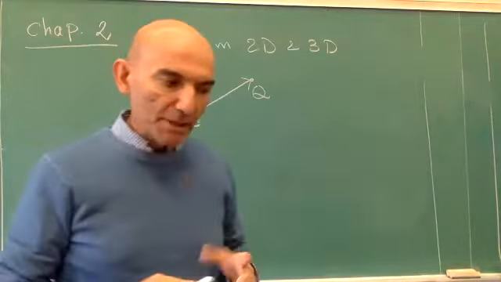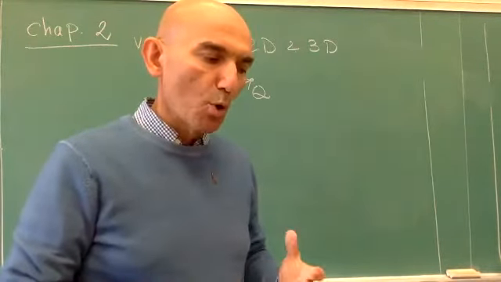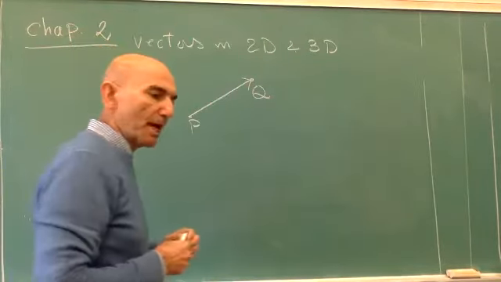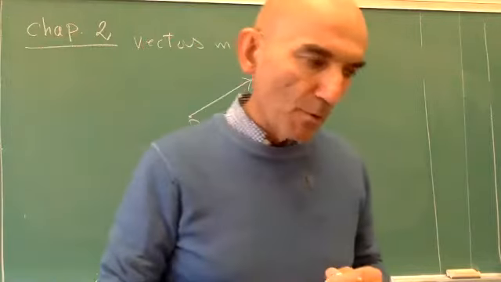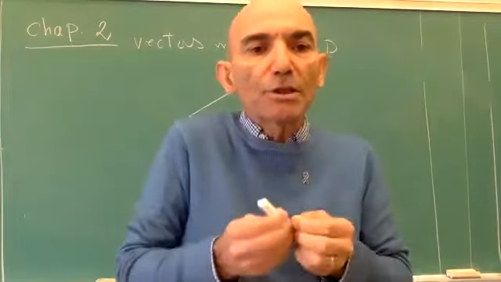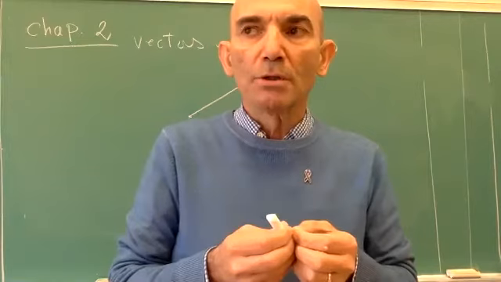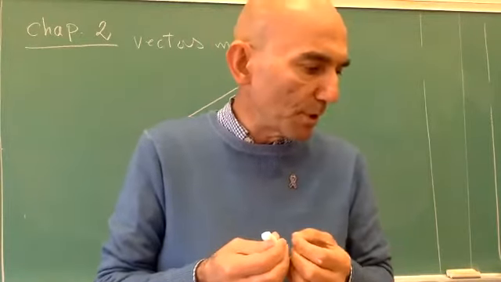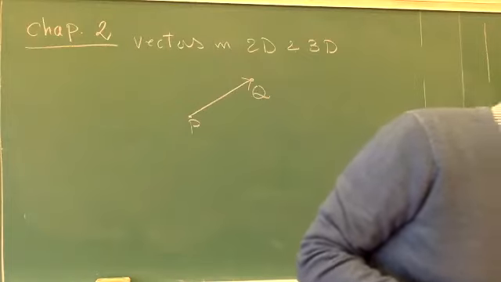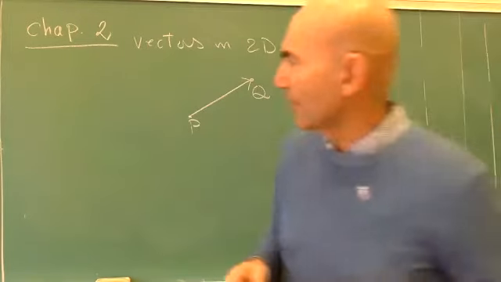To make life easier and to make it more friendly for calculations, we make an agreement that we are going to work with vectors where the origin of the vector is at the origin of the coordinate system, okay? These are called, I call them base vectors, but I guess the book has some terminology for them. Yeah, standard position vectors, right?